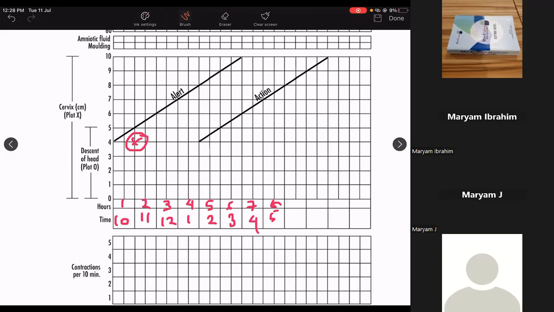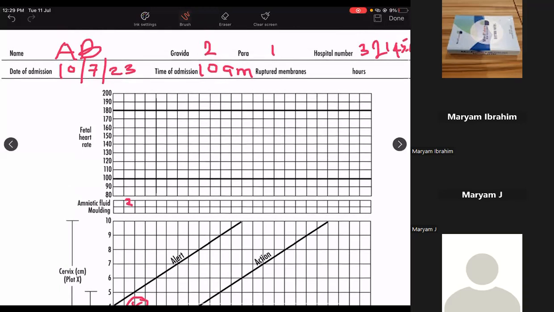And then you examine, still on your VE, you found out that the membranes were intact. So of course you come here and you denote it with an I, that the membranes were intact. And then you checked the fetal heart rate and it was 130 beats per minute. This is the line that we are plotting on.